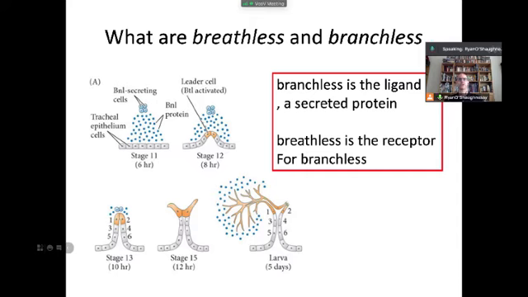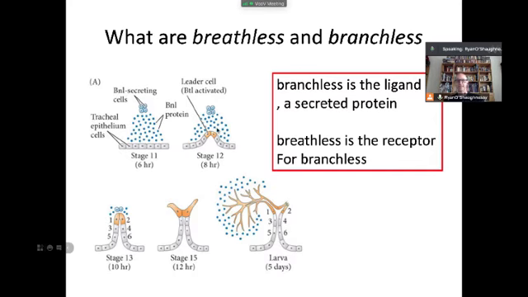So what are breathless and branchless? They must be highly related to each other, at least functionally, because their phenotypes are virtually identical. And so it turns out, branchless is a ligand, a secreted protein, and breathless is the receptor for branchless.